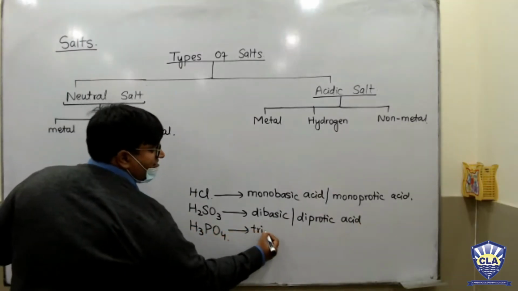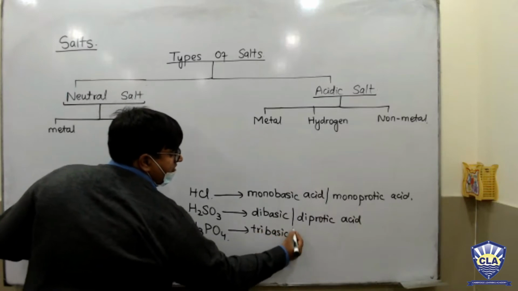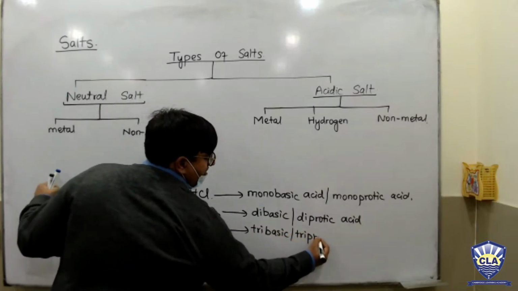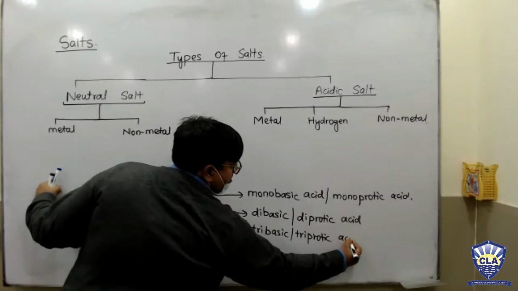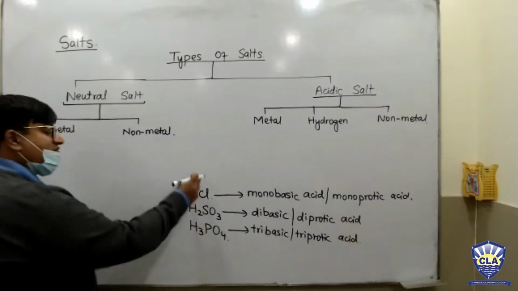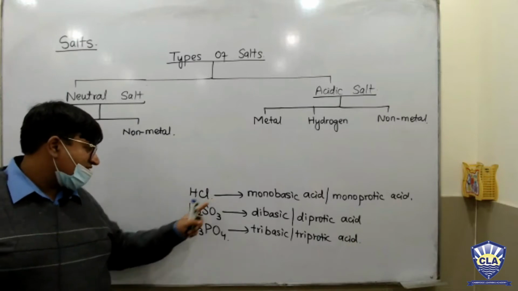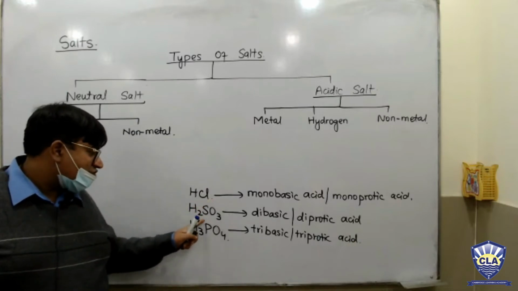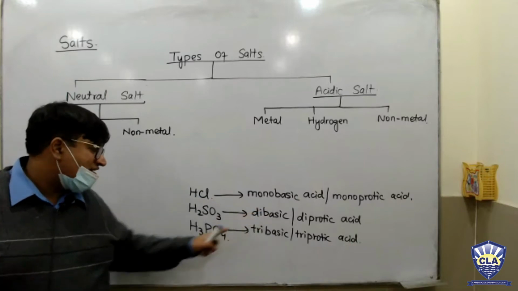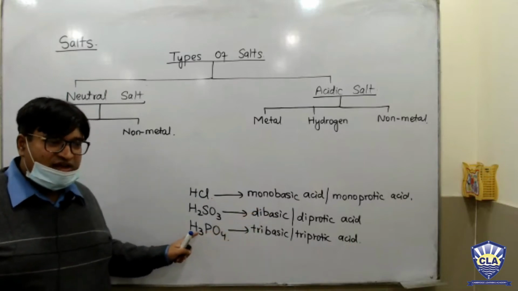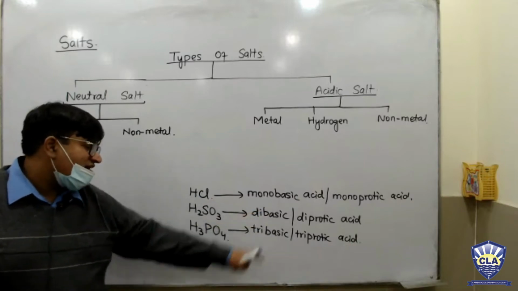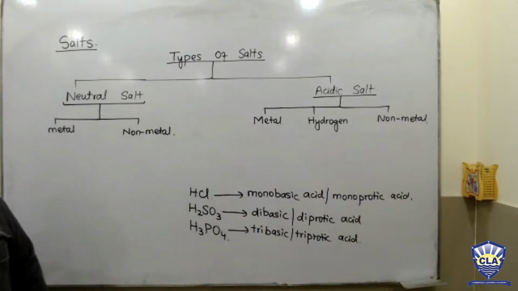So this one is called a tribasic or triprotic acid. You got it, guys? So these are the 3 types of acids. Monobasic. This one produces 2 hydrogen ions, so this is dibasic. This one produces 3 hydrogen ions, so that is the tribasic acid.